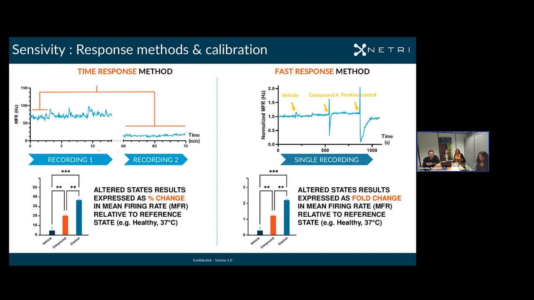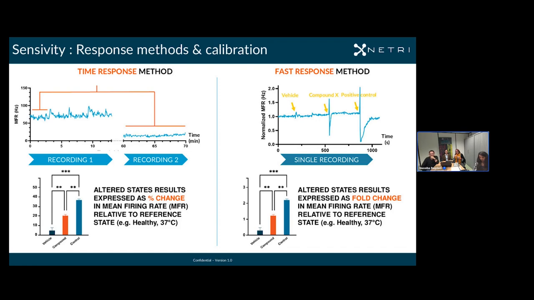We can look at the changes expressed as percentage of change from the relative reference state. That can be a healthy culture, or for example, if we look at temperature, it can be the reference temperature at 37 degrees. We can also look at how the platform, the culture, responds to specific agonists or compounds, and look at the fold change from the baseline.